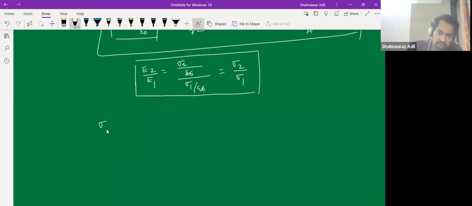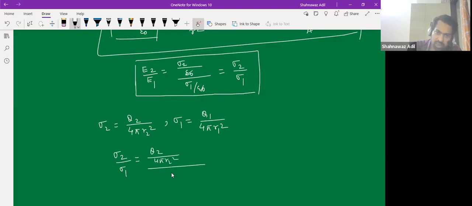So sigma 2 is Q2 by 4 pi R2 square, and sigma 1 is Q1 by 4 pi R1 square. So we can calculate sigma 2 by sigma 1 as Q2 by 4 pi R2 square divided by Q1 by 4 pi R1 square.